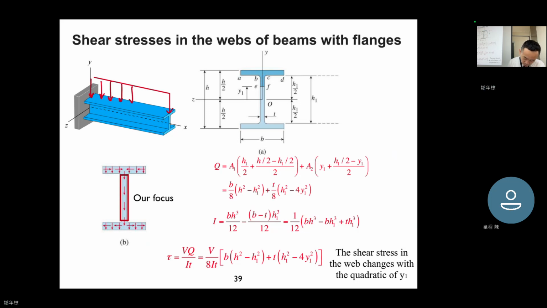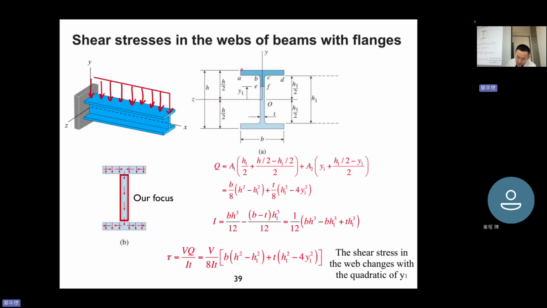So, for example, the shear stress, distributed load, subjected to loaded on the I-shaped beam, I-shaped material, and this is the cross-section beam, right? You see Y, this is Z, okay?